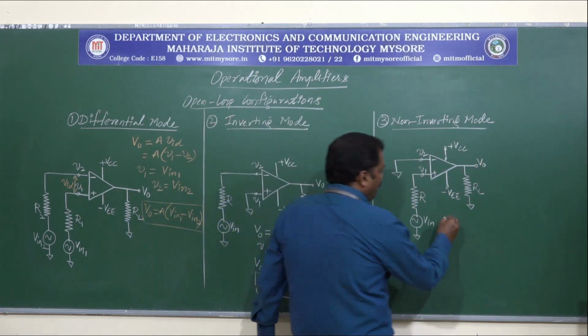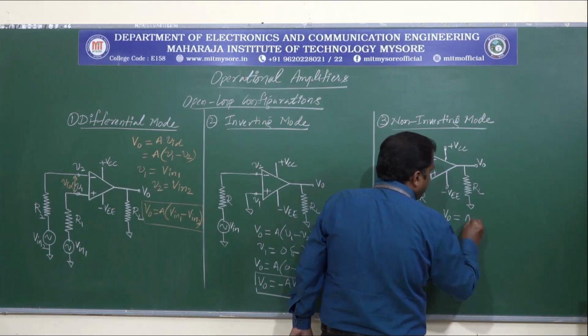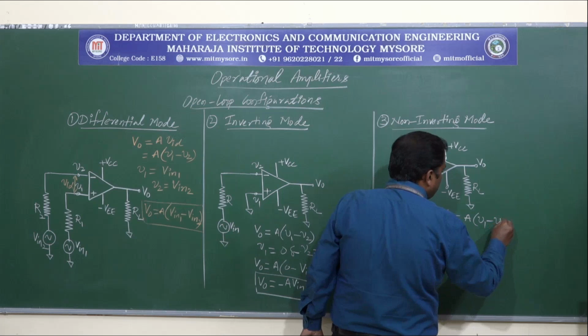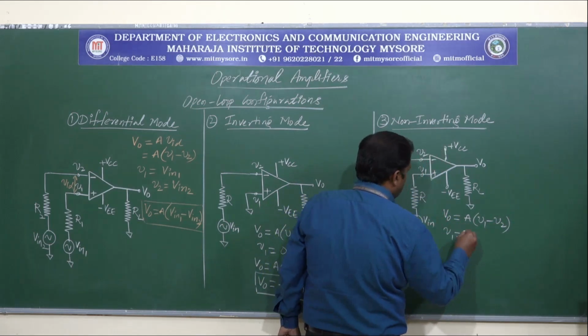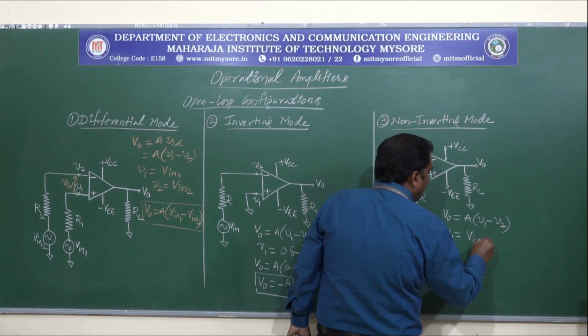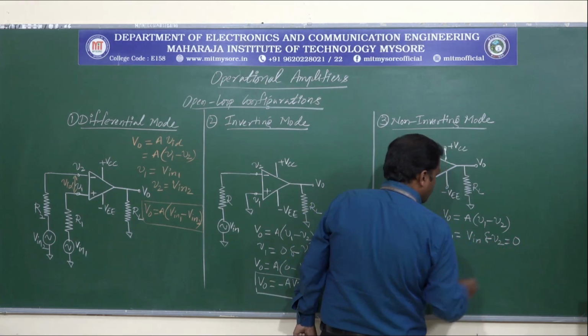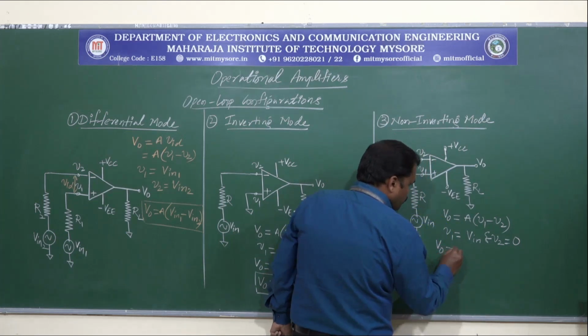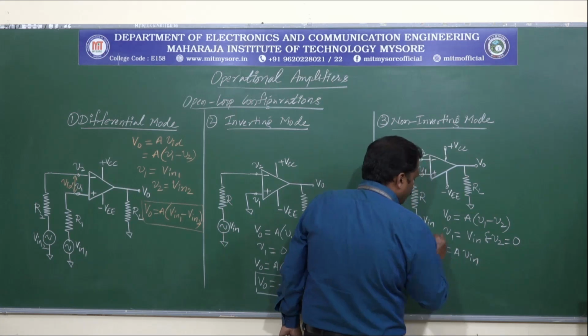Now determining the output voltage equation, V0 is given by A into V1 minus V2, and from the circuit V1 is connected to Vin and V2 is connected to ground potential. So V0 is going to be A into Vin.